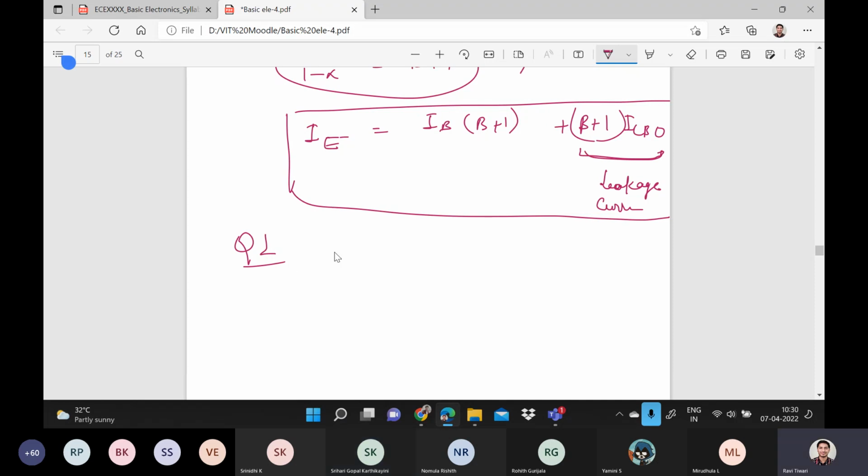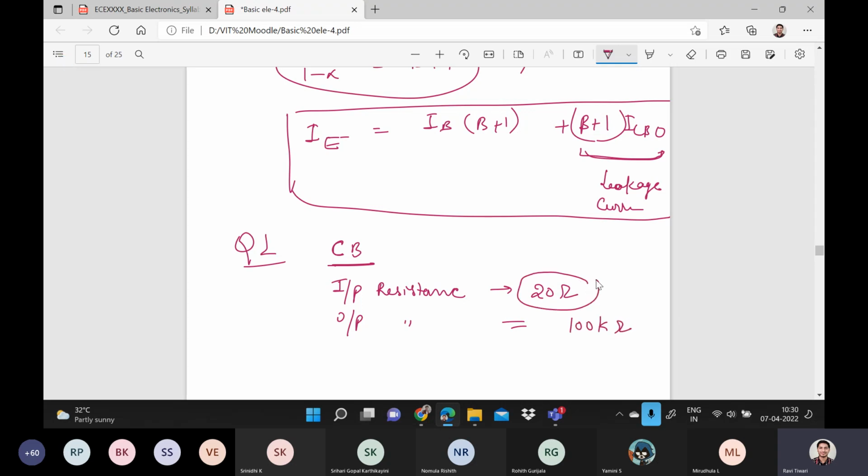So I'm giving the question: we have a common base transistor, I'm talking about common base CB, which has an input resistance. They have given input resistance, suppose it's 20 ohm. And they are giving output resistance equal to 100 kilo ohm. Why?